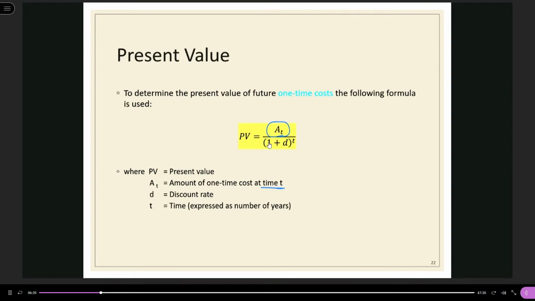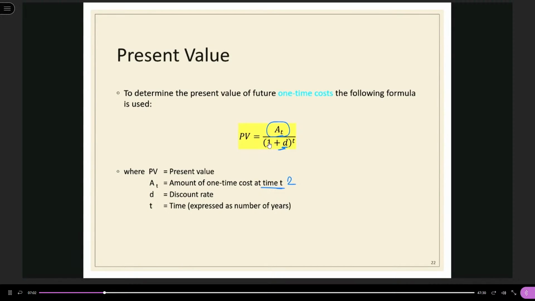So if T is 2, then it means that at the end of the second year, you need to pay an amount of A_T, maybe for equipment replacement. Okay? And your discount rate is D.